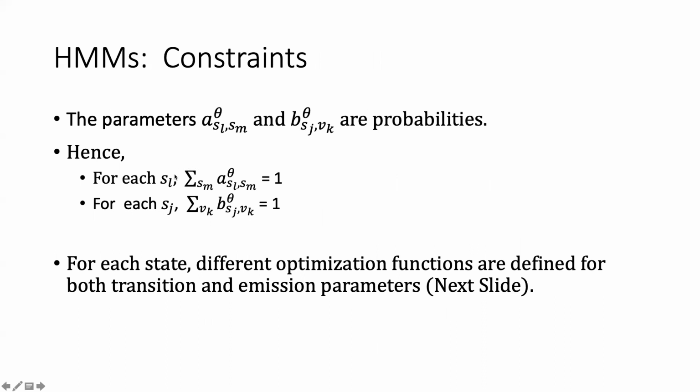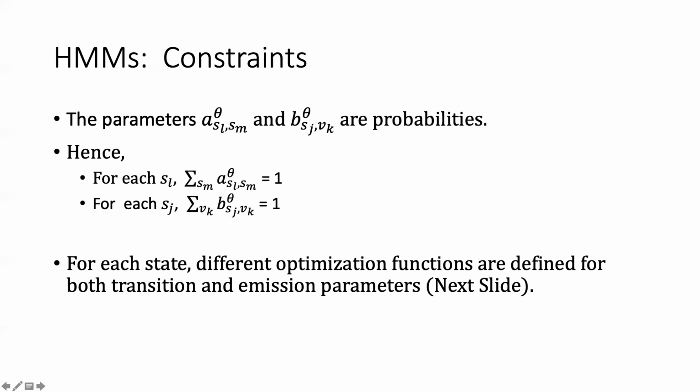So for each s_l, the transition probabilities summing over all possible reachable future states should sum up to 1, and similarly within each state, the emission probabilities summation over all possible words should sum up to 1. So these are the constraints used to solve the objective function.